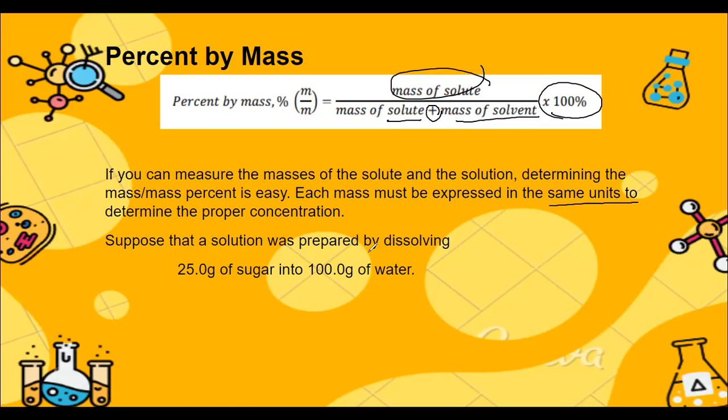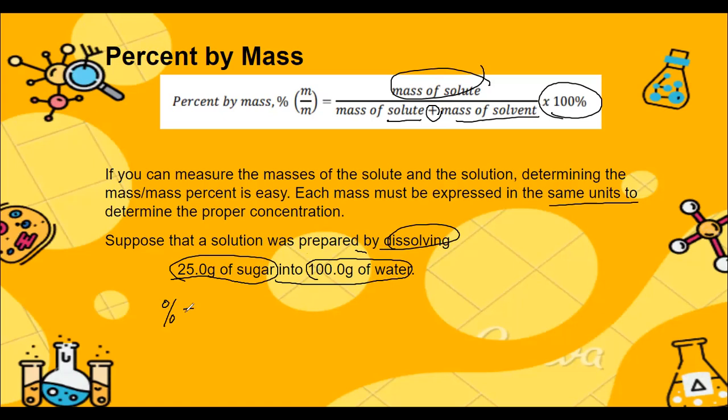So let us try answering this problem. Suppose that a solution was prepared by dissolving 25 grams of sugar into 100 grams of water. So let us substitute it in our formula.